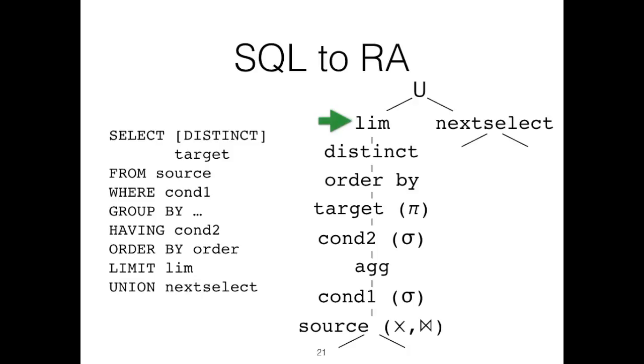And finally, if you have a union with another select, that goes all the way at the top. And you may need another distinct operator here as well, depending on whether it's a union all or just a union. Questions?